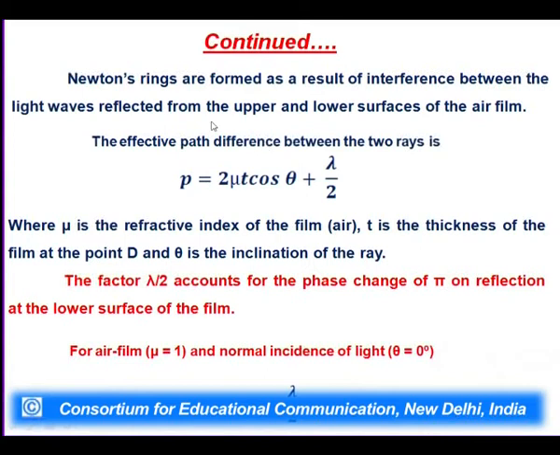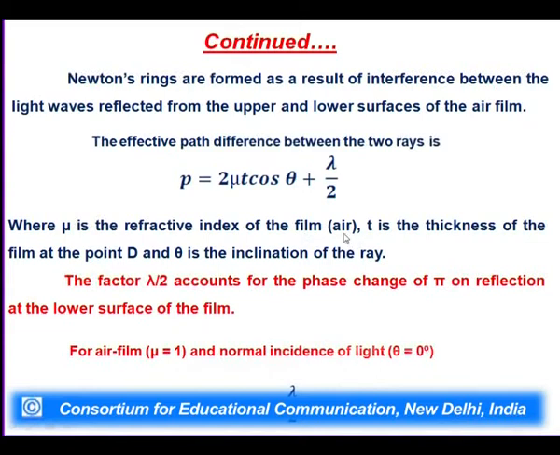Previously we proved Newton's rings are formed as a result of interference between the light waves reflected from the upper and lower surface of the air film. The effective path difference between the two rays is p equal to 2 mu t cos theta plus lambda by 2. What is mu? Mu is the refractive index of the film.